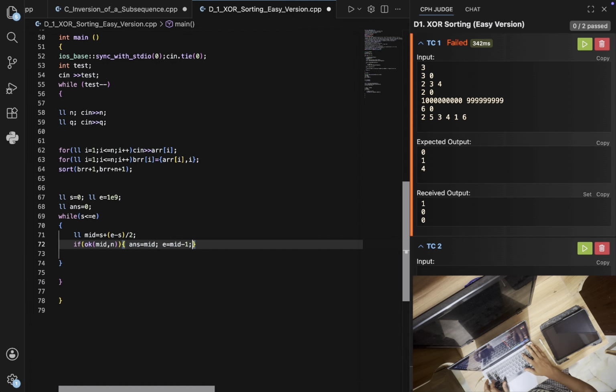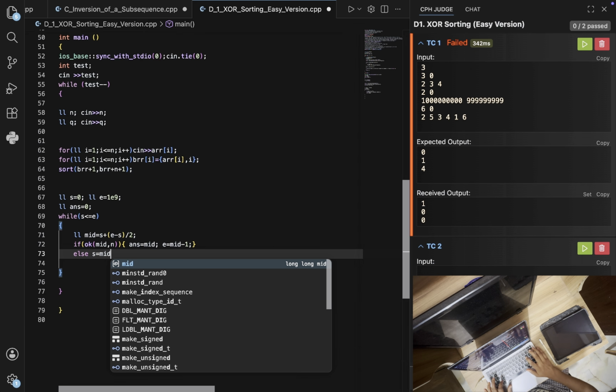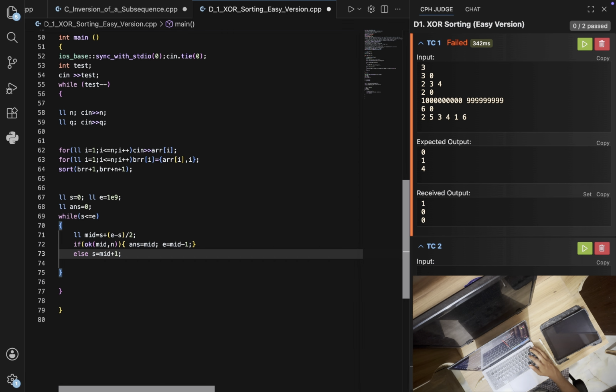So end equal to meet minus 1, start equal to meet plus 1.